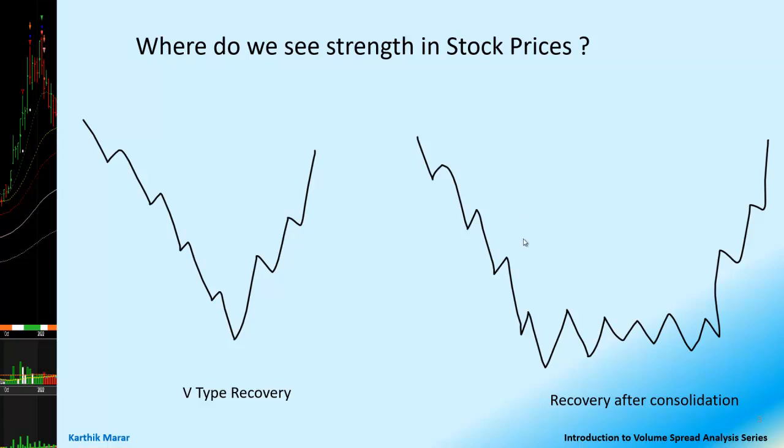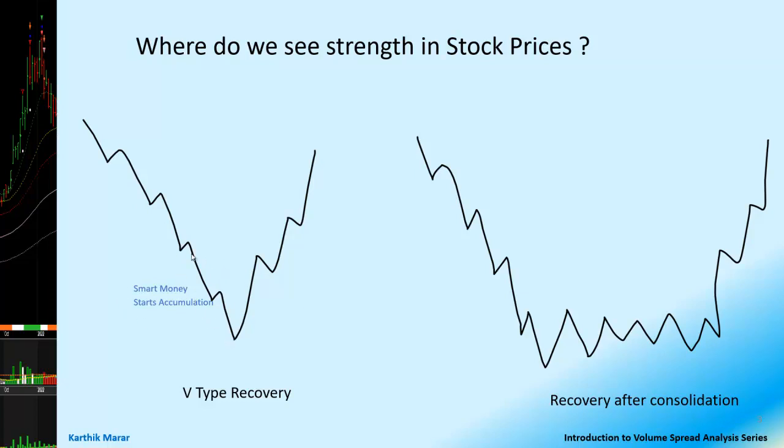Now, in these patterns, let's see where the strength appears. The strength appears when the smart money starts accumulating the stocks. In a downtrend, the smart money starts accumulating the stock towards the end of the downtrend.